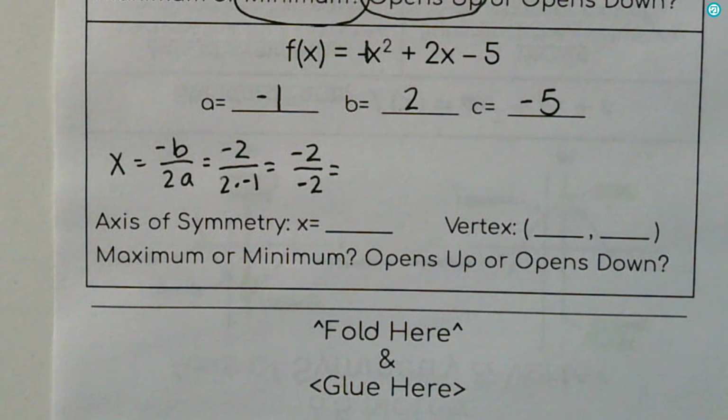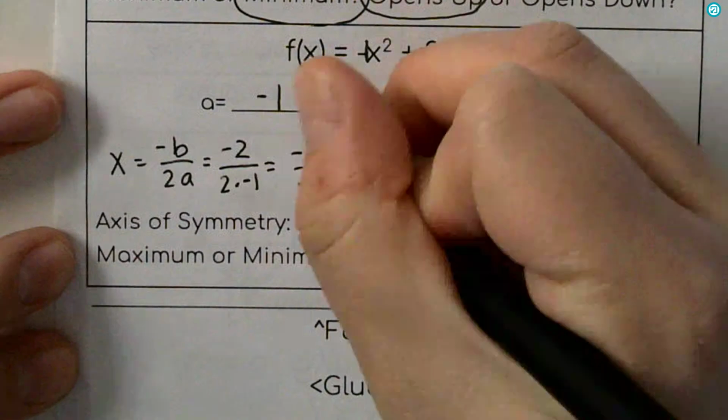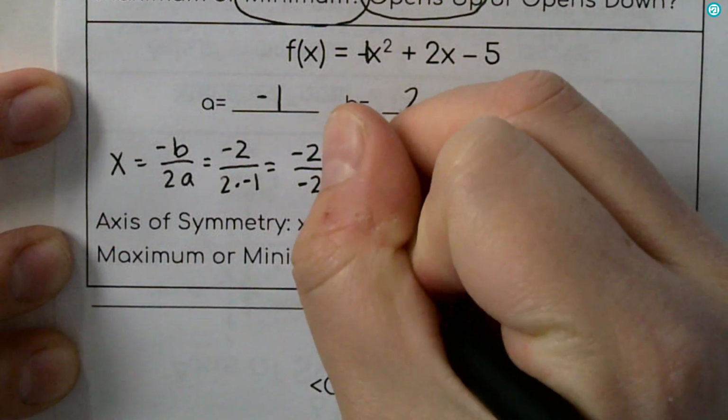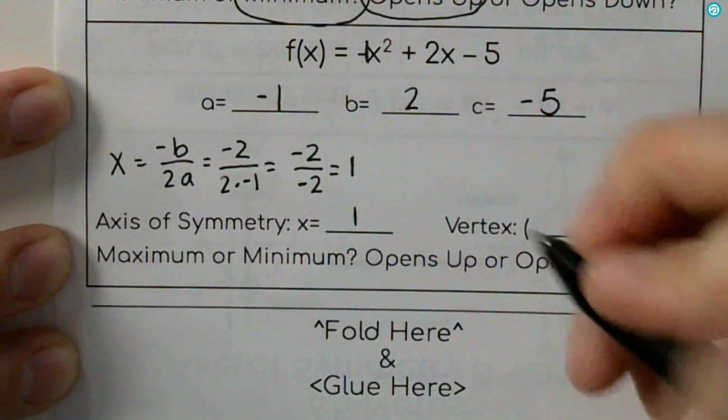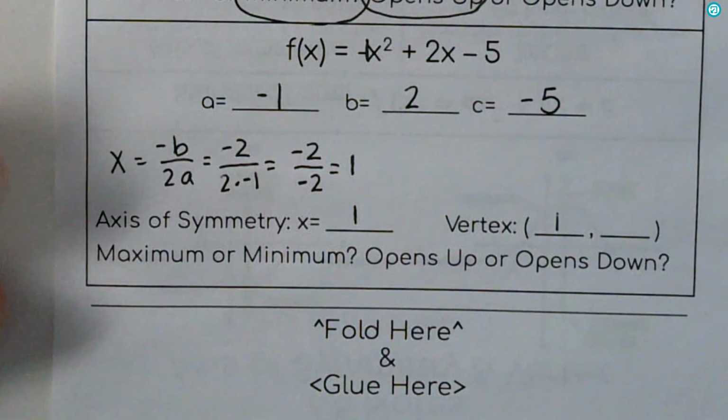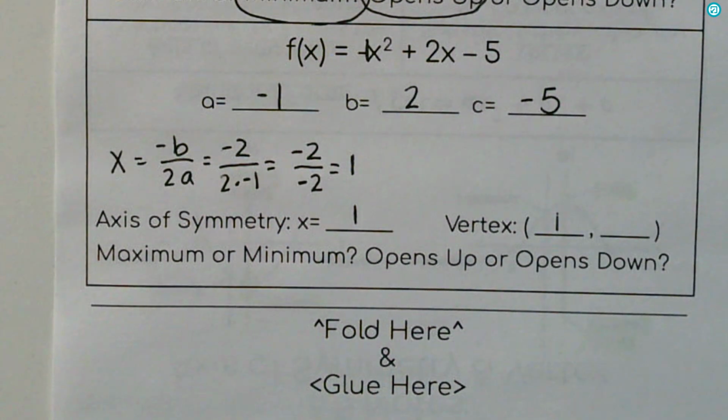Since I have this negative divided by a negative, it ends up being positive 1. So x equals positive 1. That is my x value of my vertex as well. Okay. Any questions about finding x?